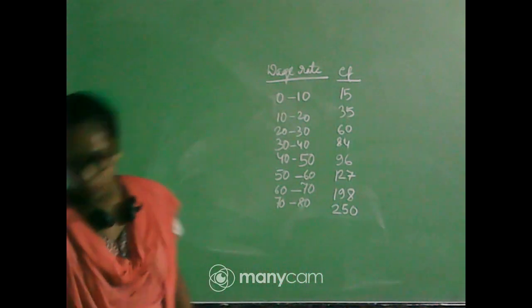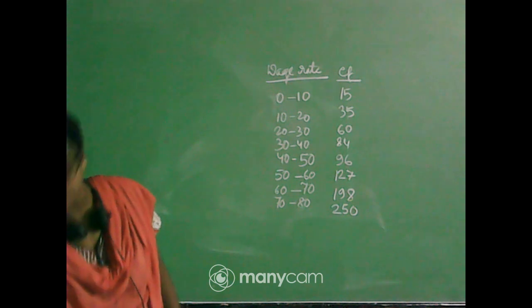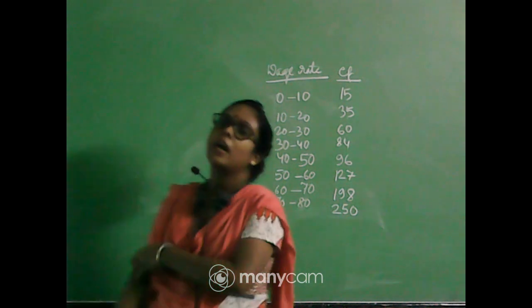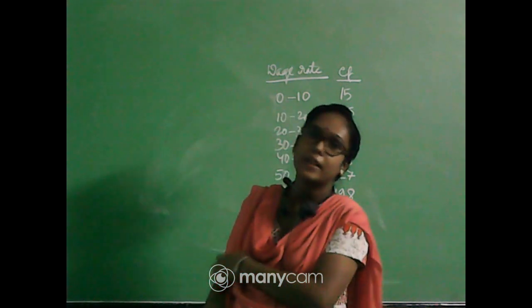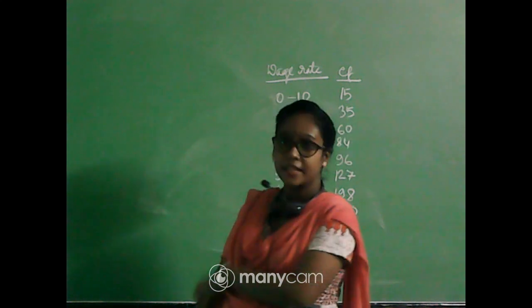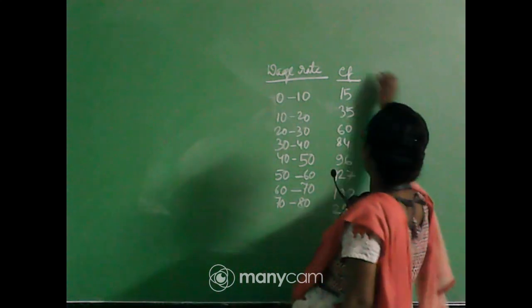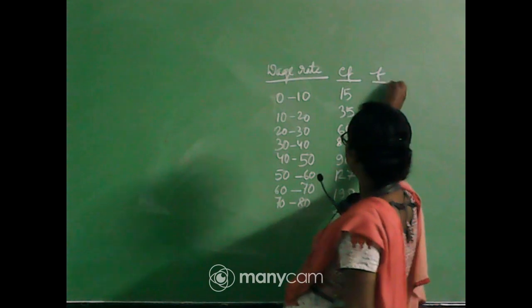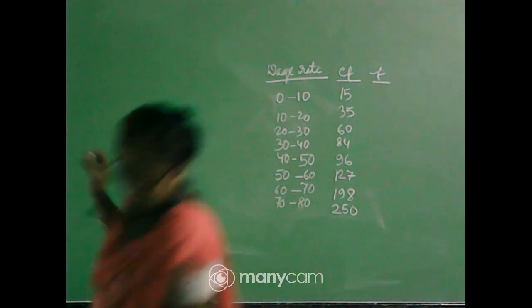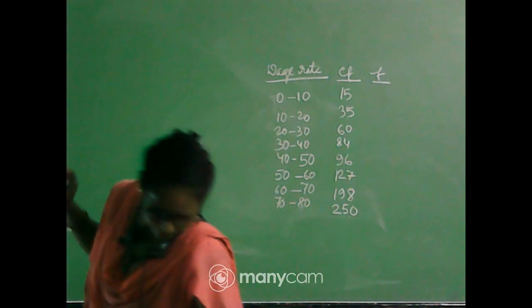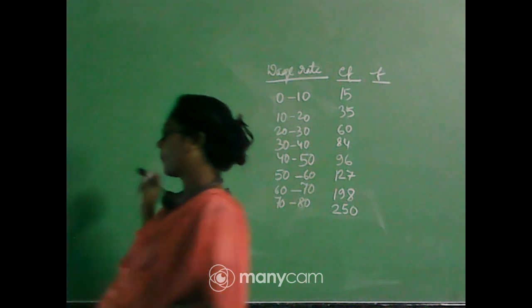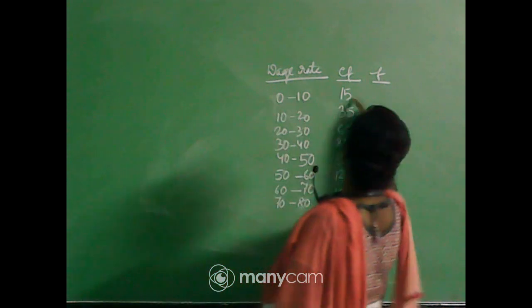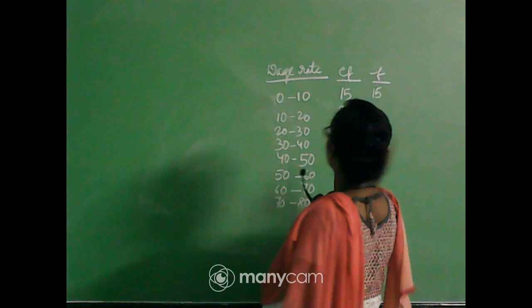So from the cumulative frequency, first we need the frequency, otherwise we can't find the median. So how do we find the frequency? From this, Kirtika, tell me. Okay, so the first one, this frequency is 15.